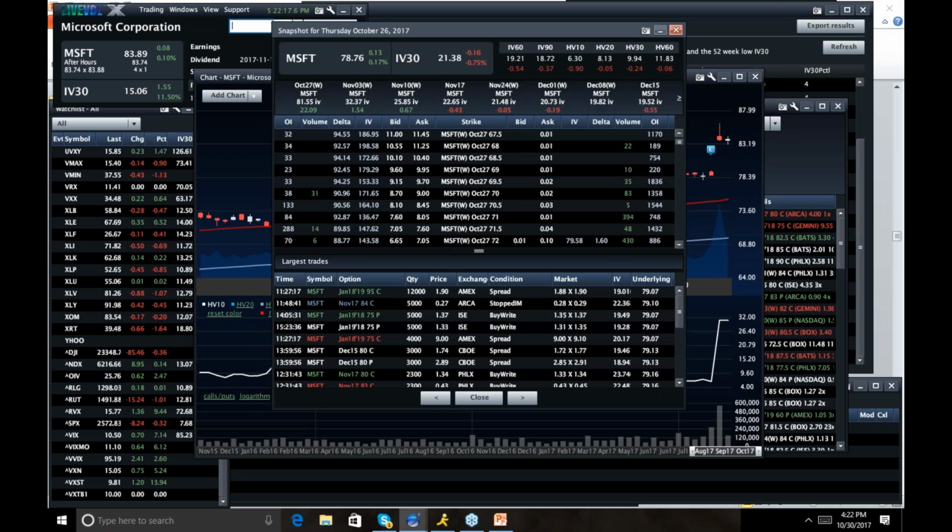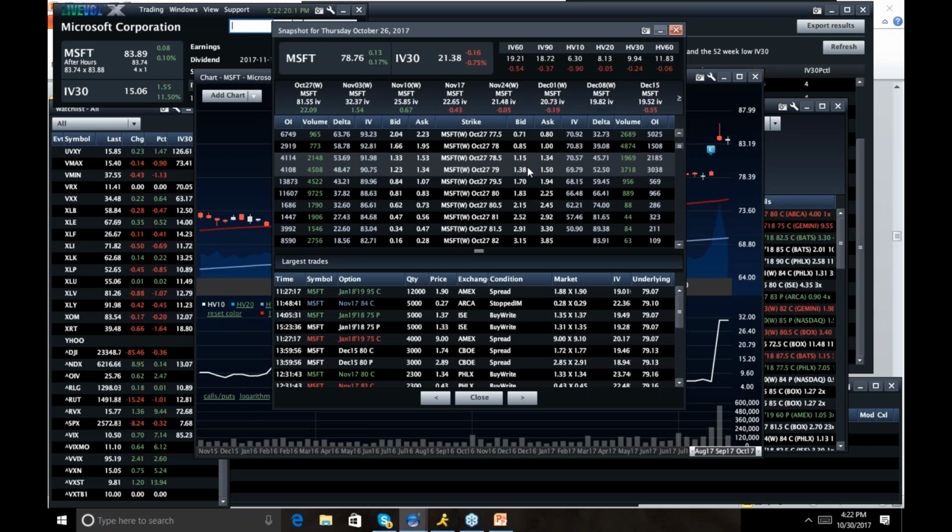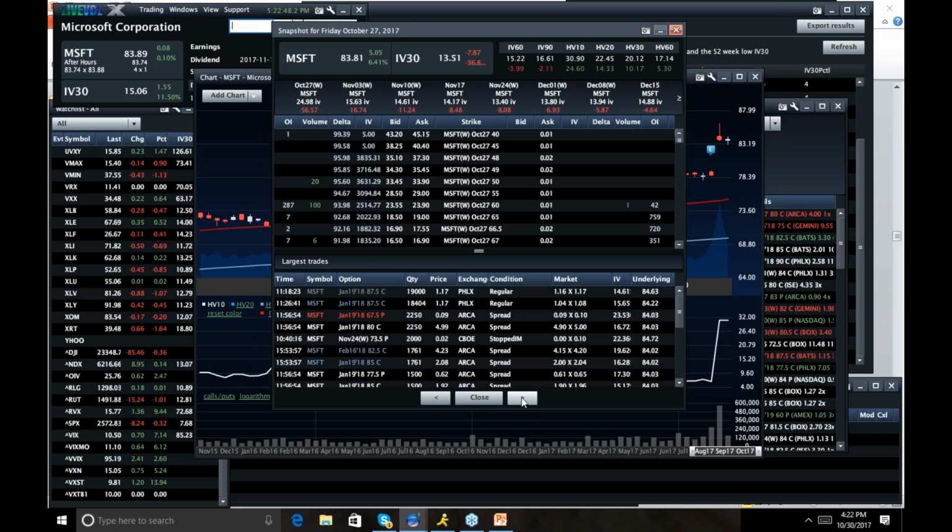The OCT 27, 78.5, 79 strangle kind of best represents what Microsoft was looking for. So that's 130 and 125. $2.55 was what the market was looking for out of Microsoft, plus we'll call it the 25 cents. So we'll call it $2.80 was what the market was expecting. We moved 5.